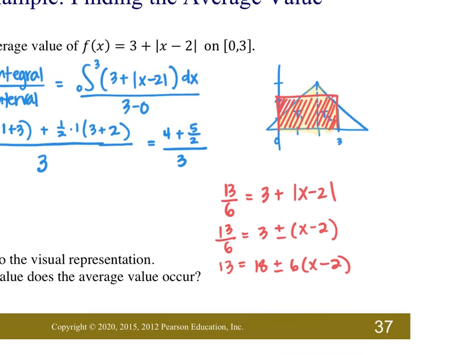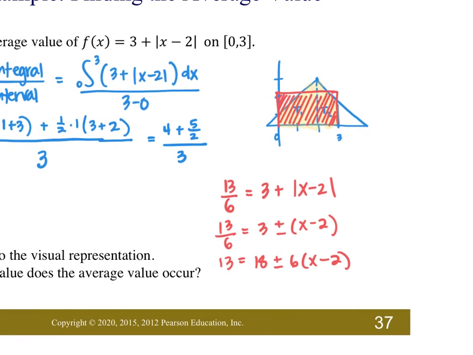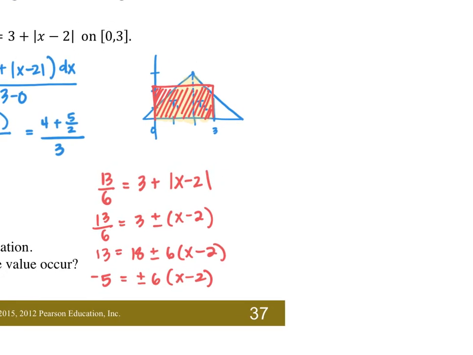Subtract 18 from both sides. So that'll be -5 equals plus or minus 6 times x minus 2. Divide by plus or minus 6. So that'll give me plus or minus 5/6 equals x minus 2, and then add 2 to both sides.